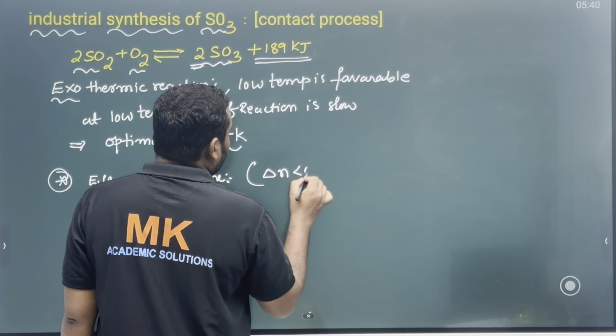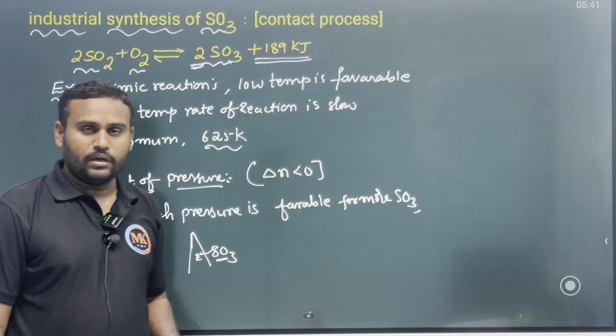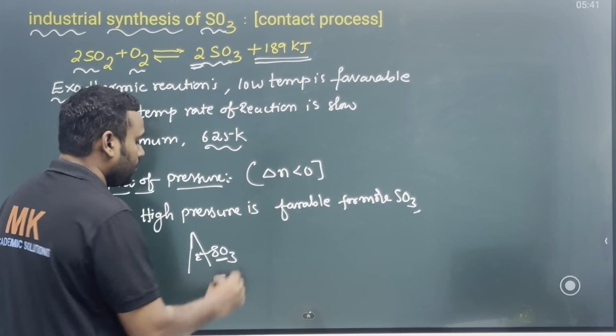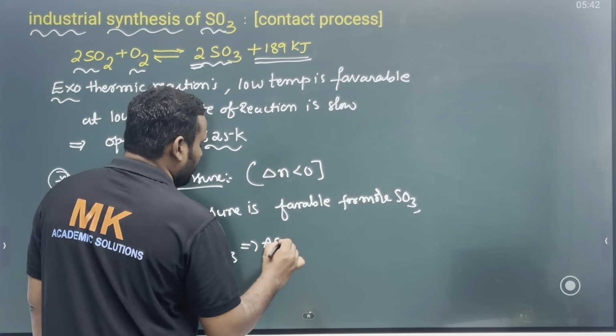When we use high pressure, what will happen? The towers or instruments used to prepare sulfur trioxide gas are going to corrode. They use huge towers to prepare SO3 gas, and SO3 and SO2 both have acidic character.